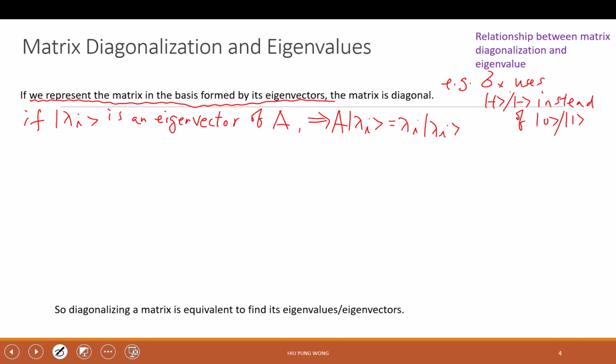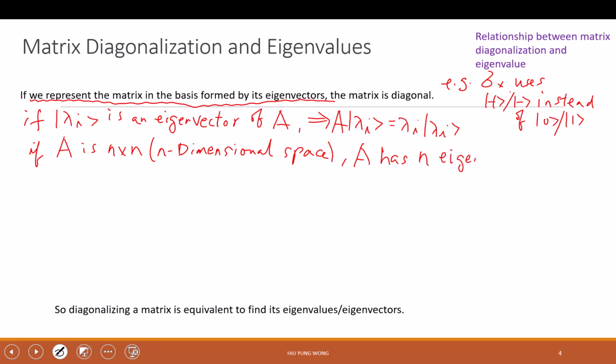And if A is n by n, or in other words, this is an n-dimensional space, then A has n eigenvectors. This is given, we did not prove it, but I hope you can appreciate that if it is n by n, you have n eigenvectors.